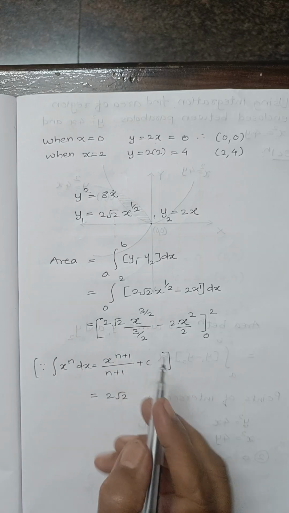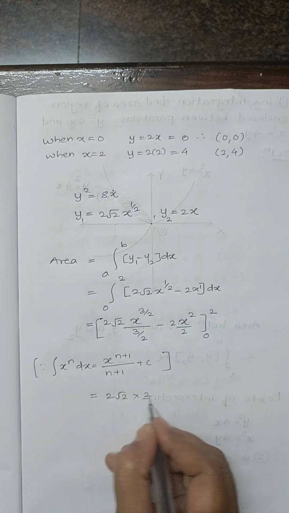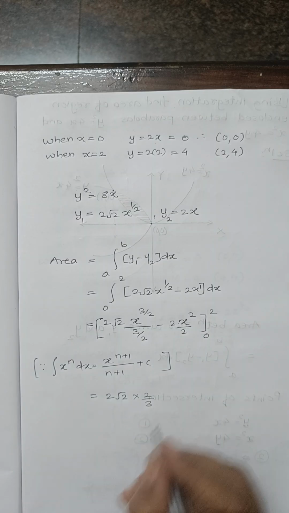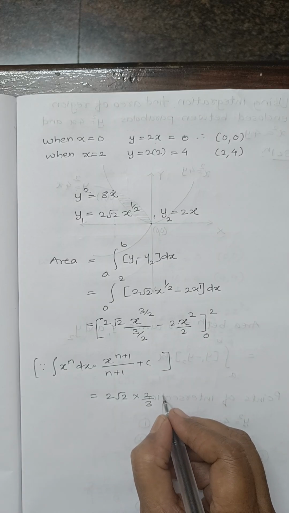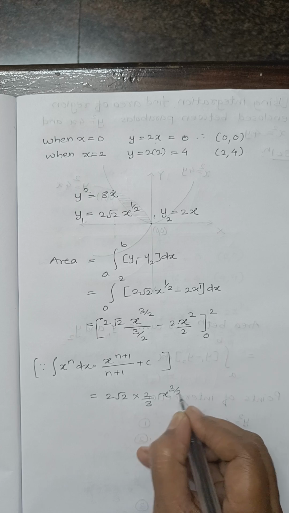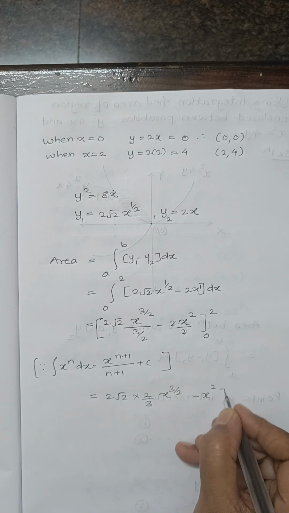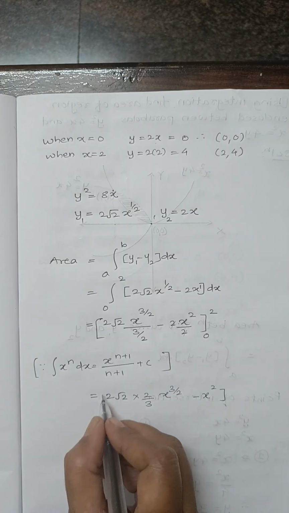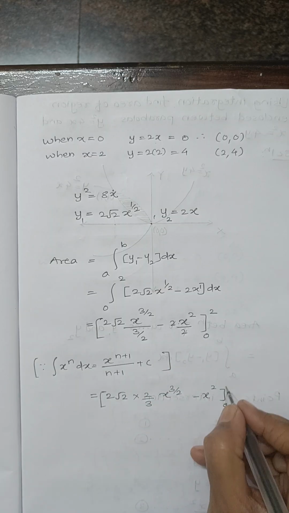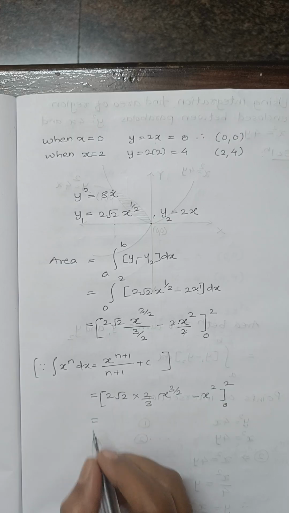Now this 3 by 2 is divided, that is multiplied by 2 by 3, x raised to 3 by 2. This 2 will get cancelled, minus x square. Only x square will remain. The limit is from 0 to 2.